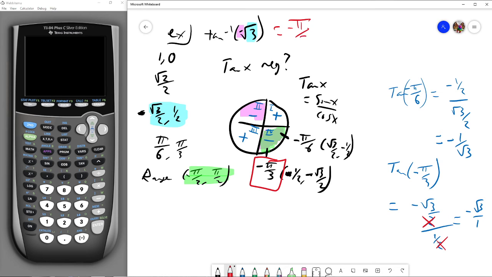So this is actually our answer right here, negative pi over 3. We start by noting we had a root 3. The root 3 tells us we have to have this highlighted blue as our possible coordinates. Either the half is the x coordinate and the root 3 over 2 is the y coordinate, or the other way around. We saw that the range required us to be in quadrant 4 when we also considered the negative.